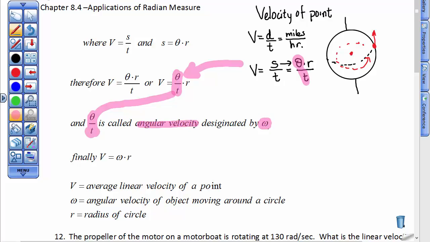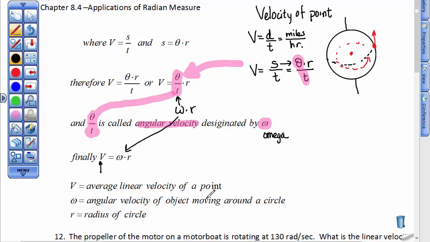This is not a lowercase w. This is a Greek letter, a lowercase omega. We would replace this theta over time with that omega, and the r is still there, and we have this formula, and that is the linear velocity of a point moving around an object at an angular velocity.